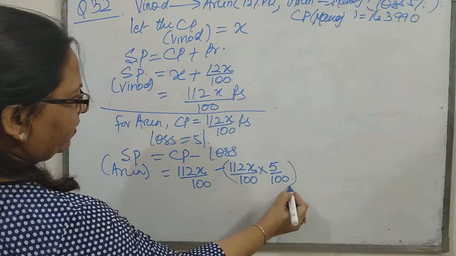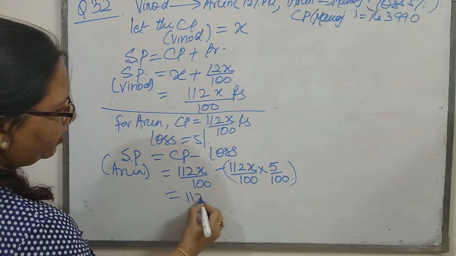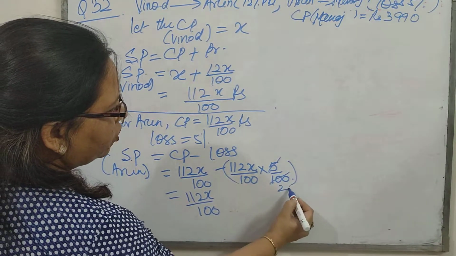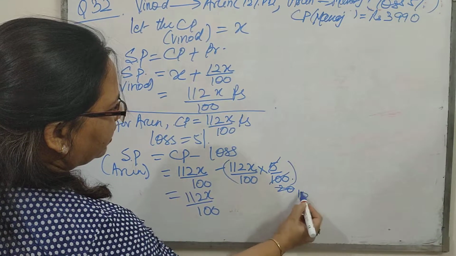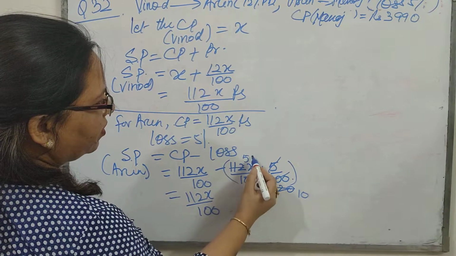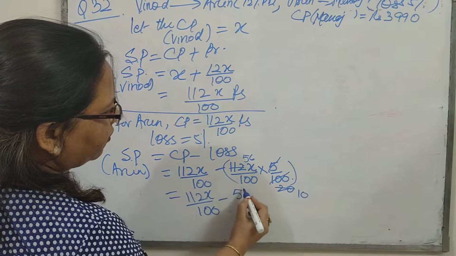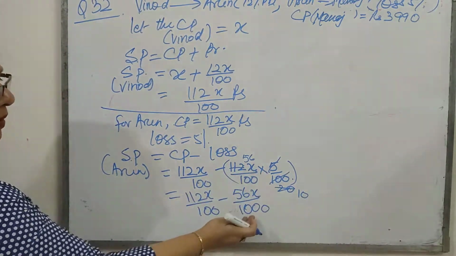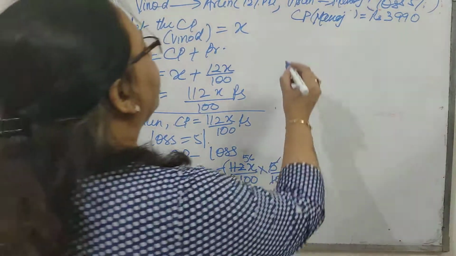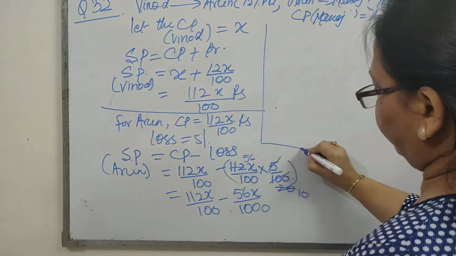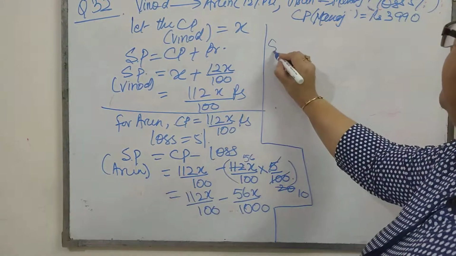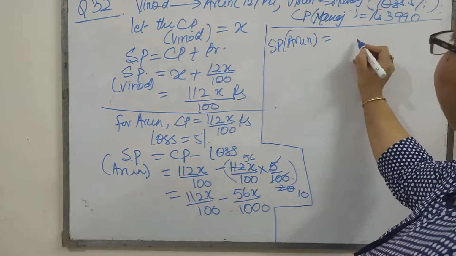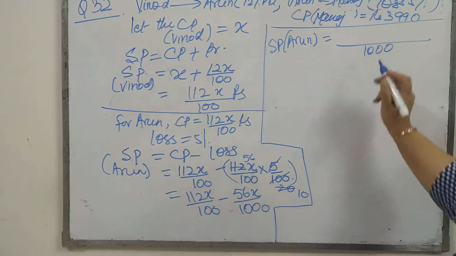Right? So this is 112x by 100. Let's cancel it here. 5, 20 with 2, 10 with 2, 2 5s are 10, 2 6s are 12. So minus 56x by 1000. I'm not cutting it further to make the zeros easy for your LCM. Now, SP of Arun is how much? We take the LCM as 1000.